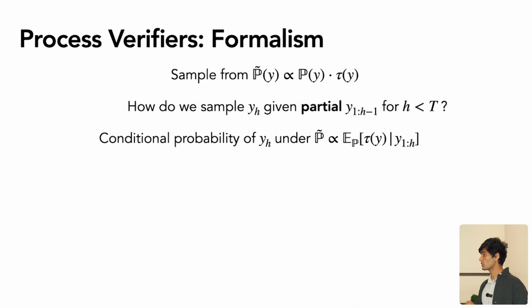One can quickly check by using Bayes rule that the conditional distribution of P tilde conditioned on y1 to yh is going to be the conditional expectation of tau under this conditioning. Right? It intuitively makes sense because the conditional expectation is going to upweight examples that have high rewards while downweighting examples that have low rewards. And it does it in a consistent manner. So this is the oracle that you want access to.